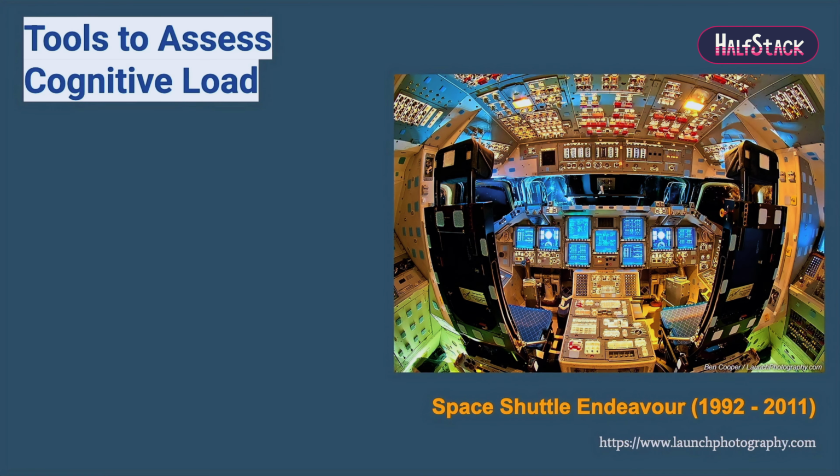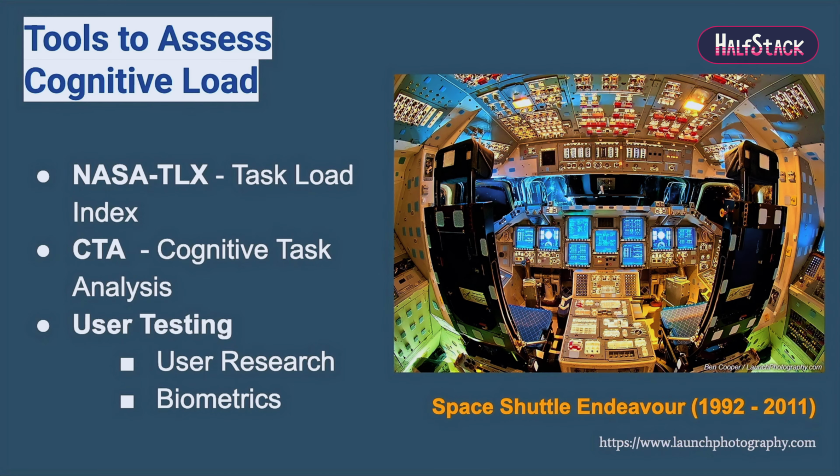And then there's also something called CTA, which is cognitive task analysis, that will allow you to understand cognitive load. And finally, straight up user testing, using user research, watching your users use your app, and of course biometrics, testing their heart rates and other things to see if you are creating negative feelings.